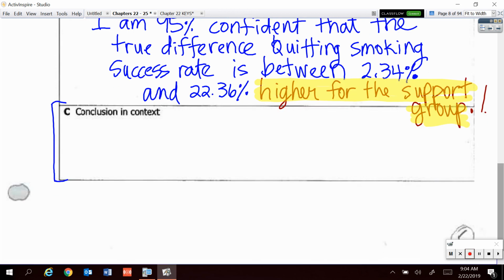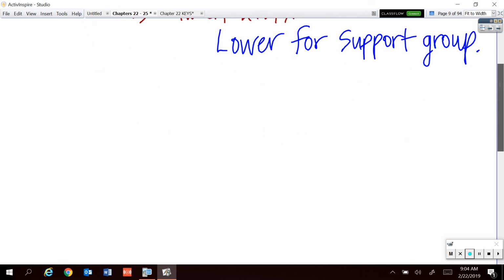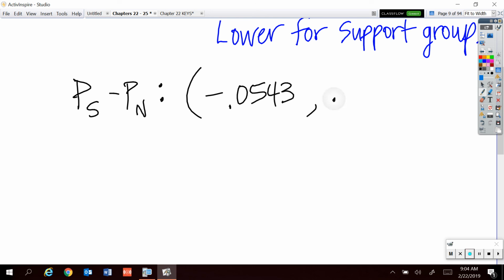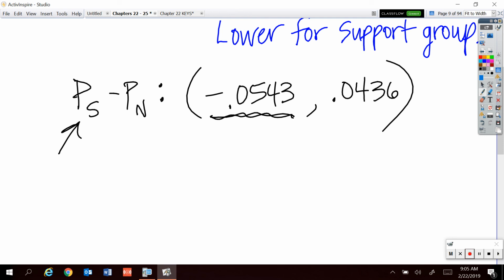So what would have happened? That actually just ties perfectly into my next idea. What would happen if I had one that was negative? Okay, I'm just going to make these numbers up now. And one that is positive. Okay, what if that was happening? What does that mean? The support group could be lower, or it could be higher.